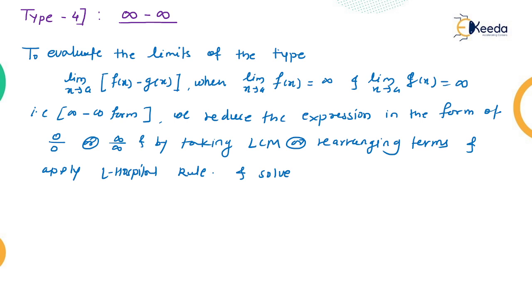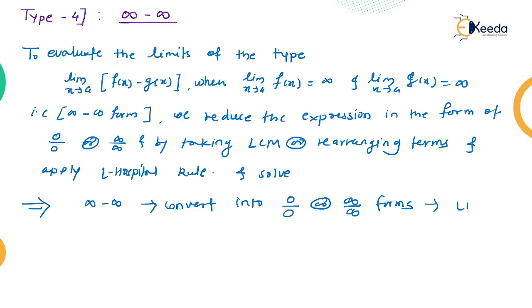To evaluate limits of this type using L'Hospital rule, first you have an expression in the infinity minus infinity form, then you convert it into 0 by 0 or infinity by infinity form, and after that use L'Hospital rule, as we discussed in types 1, 2 and 3.